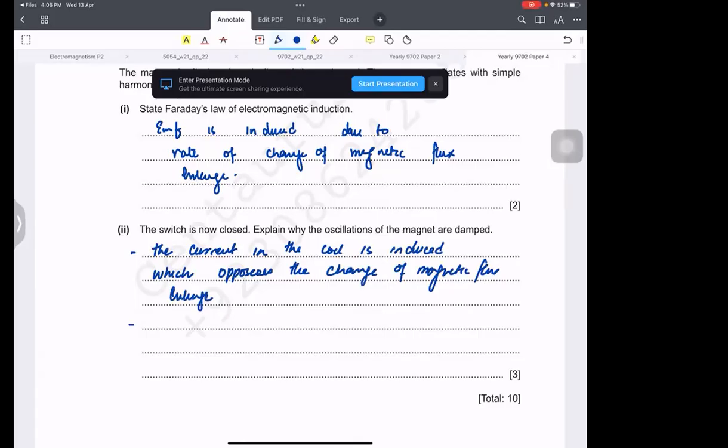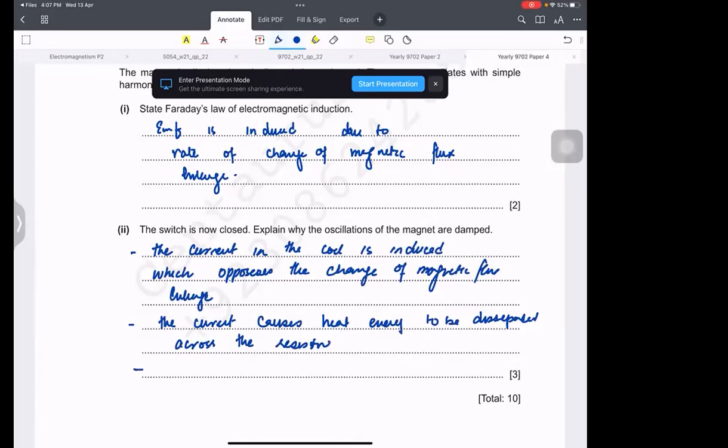So how do we write? We write the current causes heat energy to be dissipated across the resistor, right?